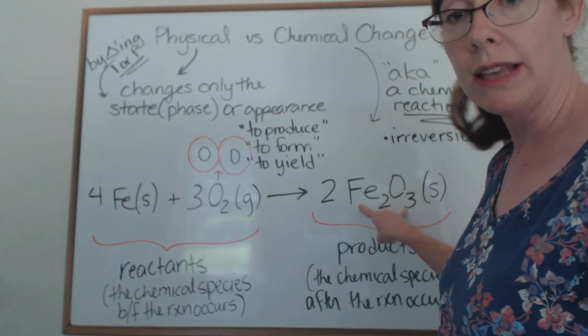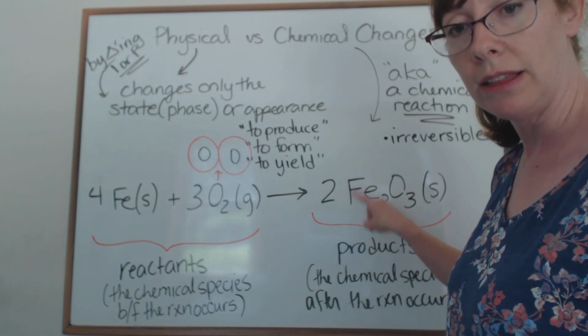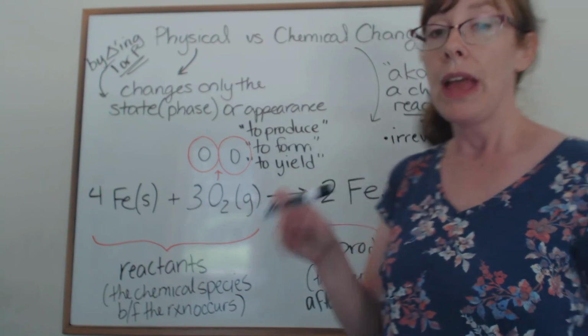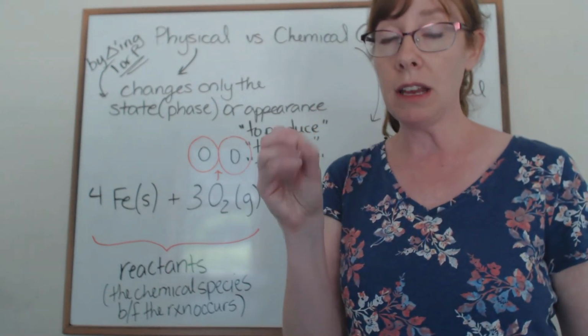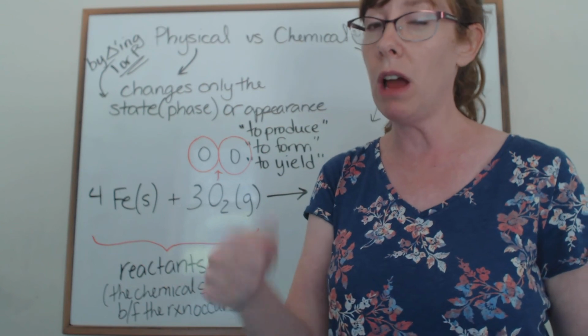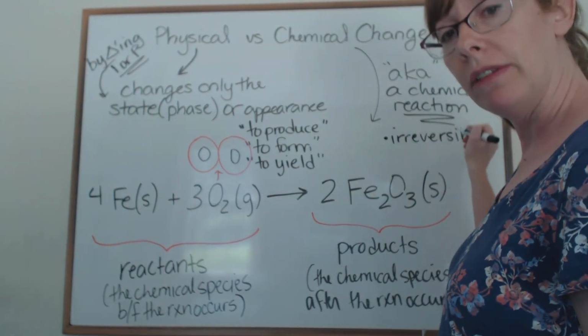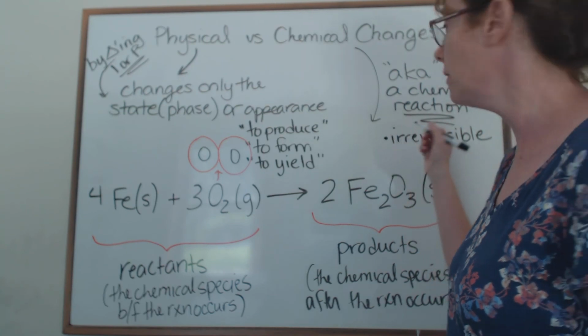The English term for this compound is rust. As you know, you can't really reverse the rusting of iron. All you can do is scrape it off, but you're not really reversing it. So this is a good example that chemical reactions are usually irreversible.